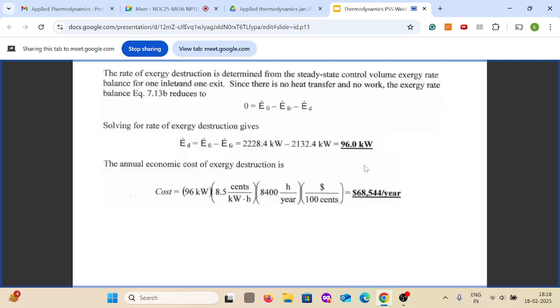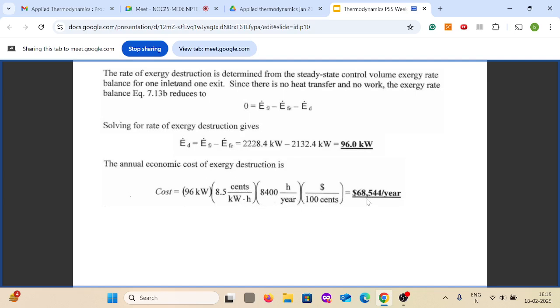So in terms of cost, if you convert the exergy loss happening in this process into cost, it's 96 kilowatt times 8.5 cents per kilowatt hour, and the total of 8,400 hours in a year, and 1 cent is 100 rupees.